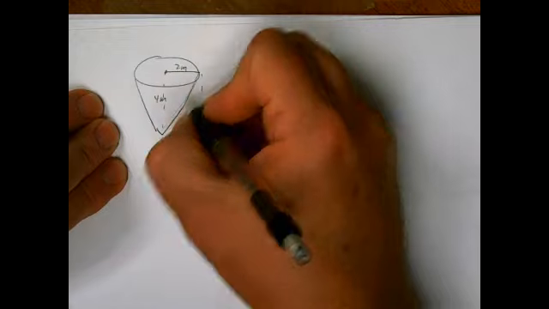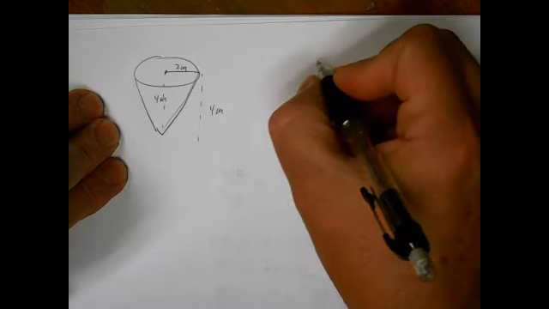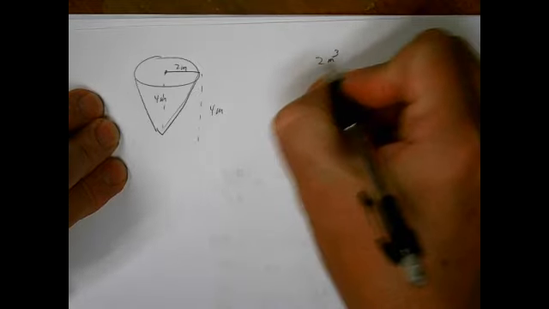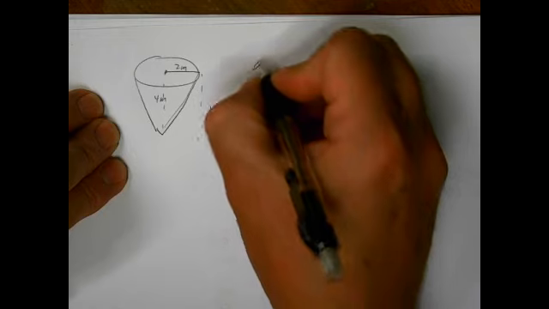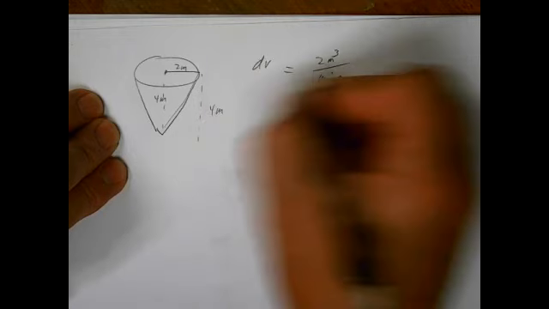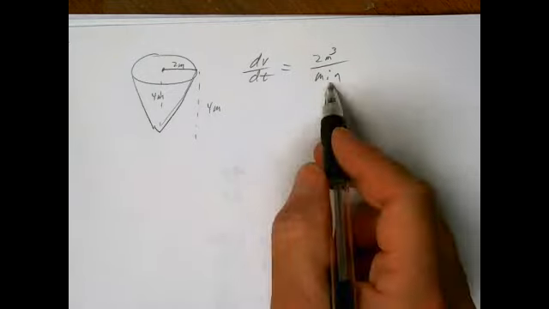Okay, so if you look at half of this cone, we sort of have a triangular arrangement here. And it says the water is being pumped into the tank at a rate of 2 cubic meters per minute. So since it's 2 cubic meters per minute, if you just look at your units, that's got to be a dV, because this is how volume's changing, over a dt, because this is how time is changing.